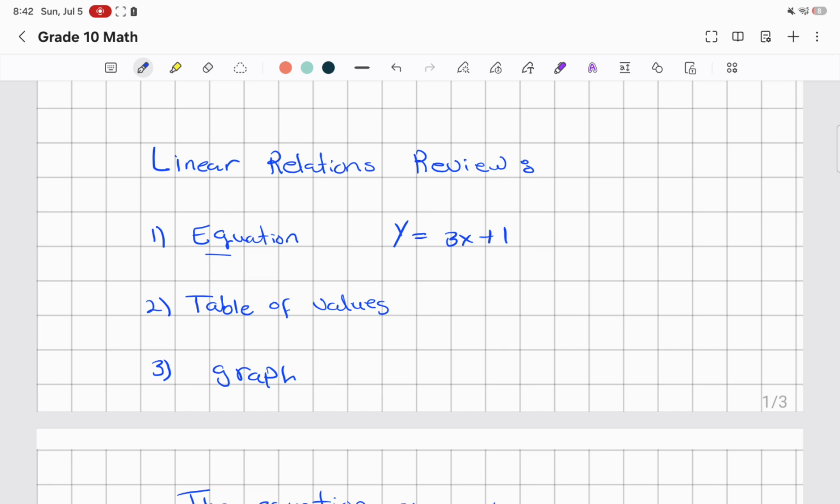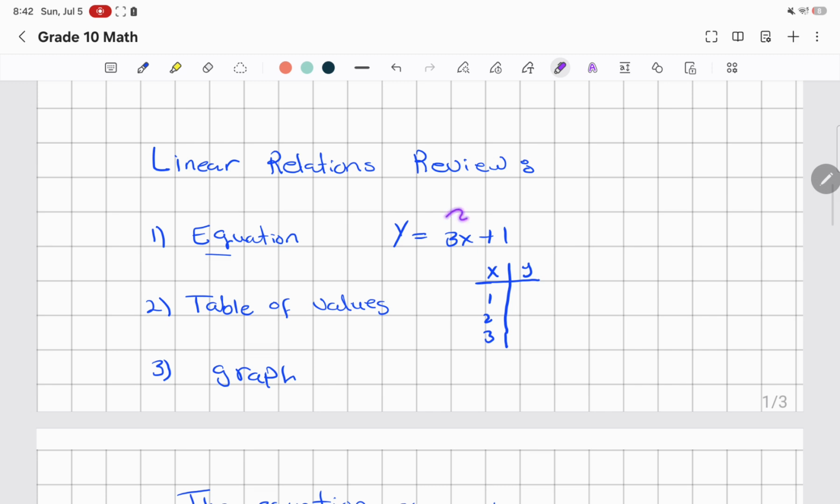Another way of expressing it is a table of values, which, if you've seen before in grade 9, looks like this. A column for the x and a column for the y. We're entering numbers here for x, for example 1, 2, and 3. Let's enter 1, and we'll get a value of y.